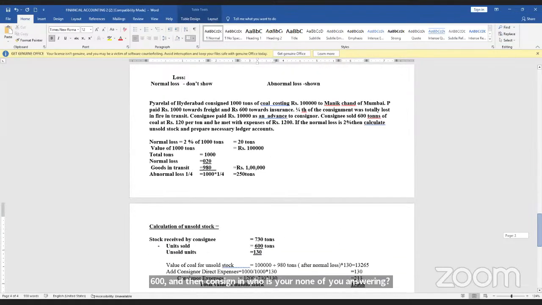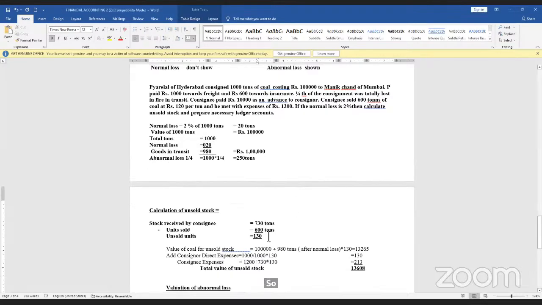In this question, who is consignor and who is consignee? Yes. My voice is not clear. I'm clear. I'm shouting here. So Pyaralal is a consignor and Manik Chand is a consignee. All right.